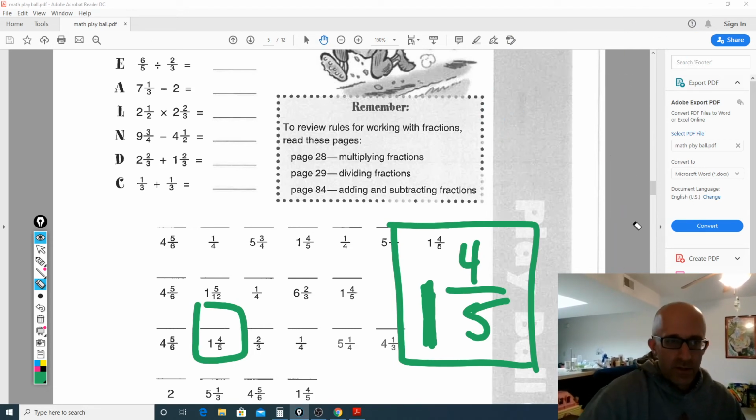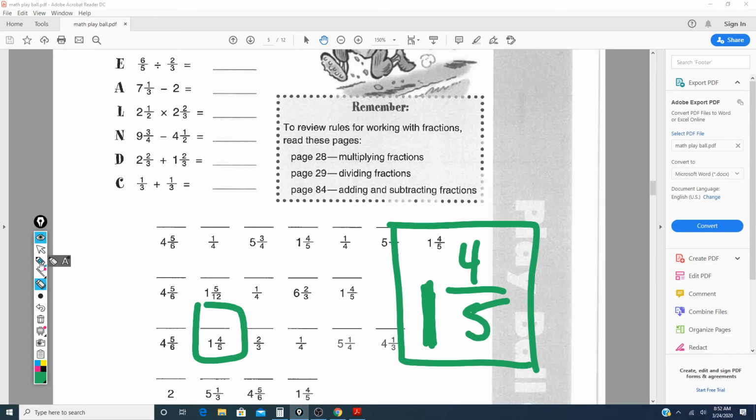So the answer to what is 6/5 divided by 2/3 is 1 and 4/5. So the letter E goes right down there.